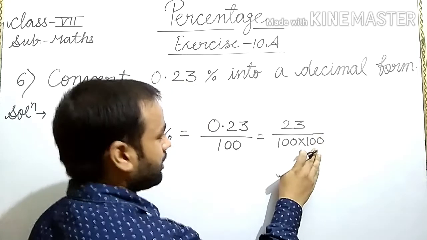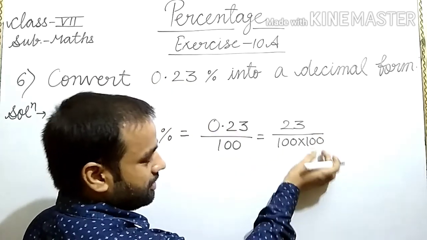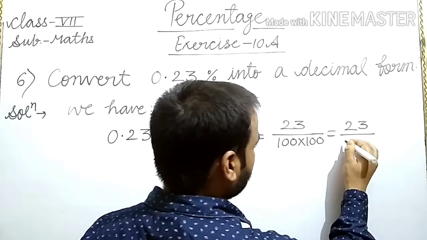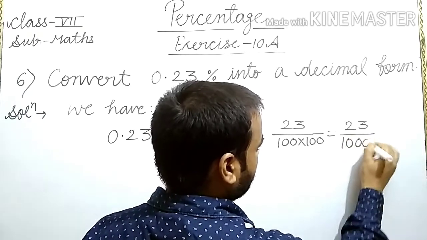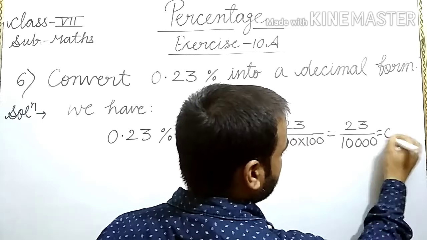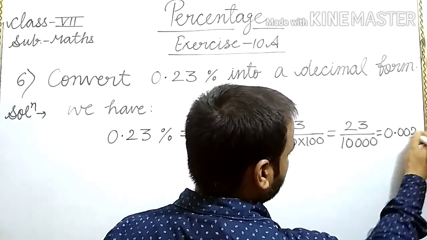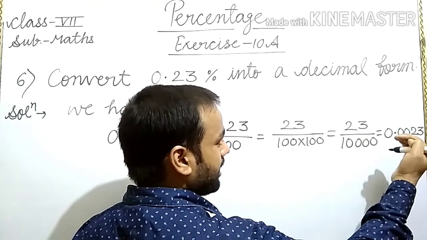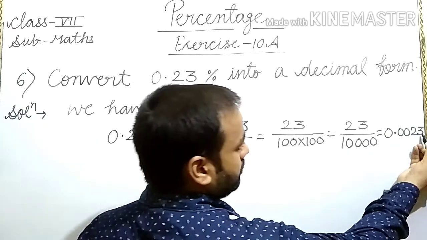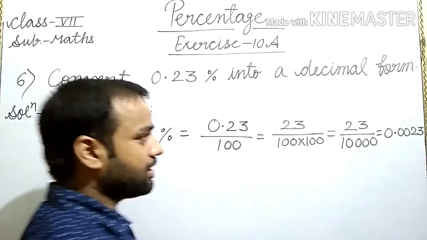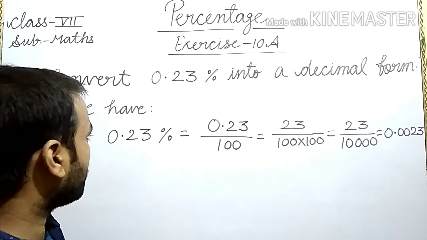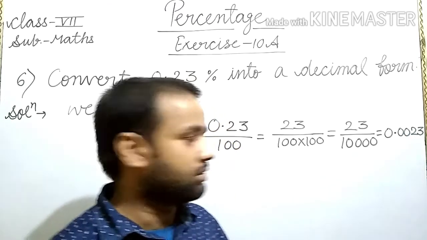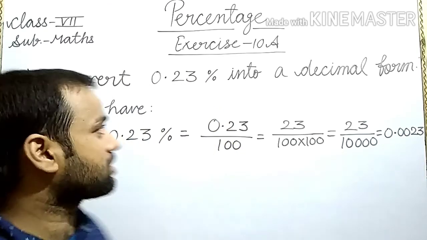Here 100, because we remove the decimal, and the denominator is 100. Lastly write 23 upon 10,000. Convert this into decimal: 0.0023, means put the decimal on the right side after 4 digits, 1 2 3 4. Is it clear? Lastly we get 0.23% is equal to 0.0023.